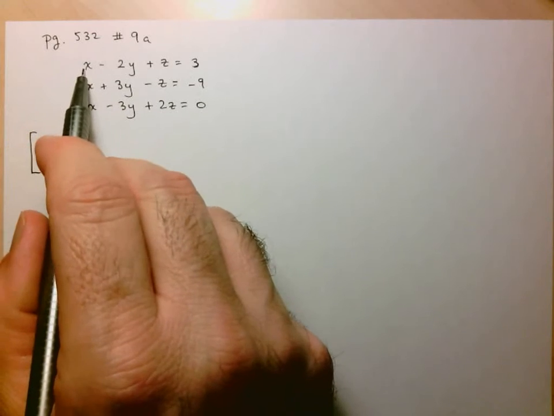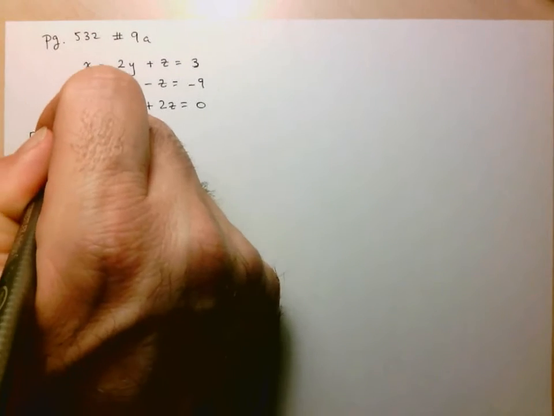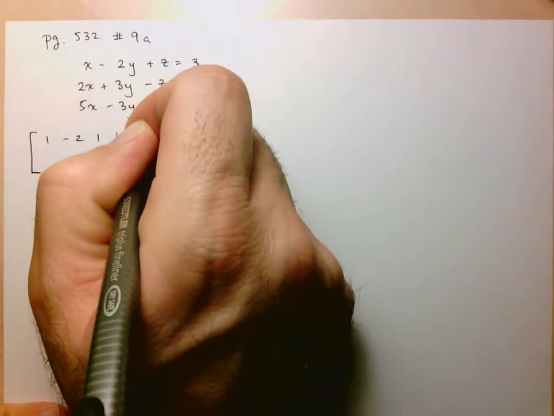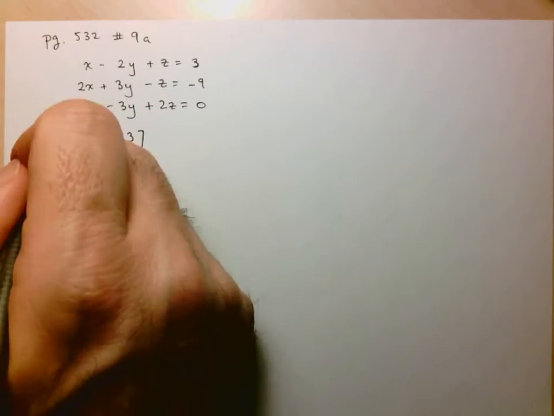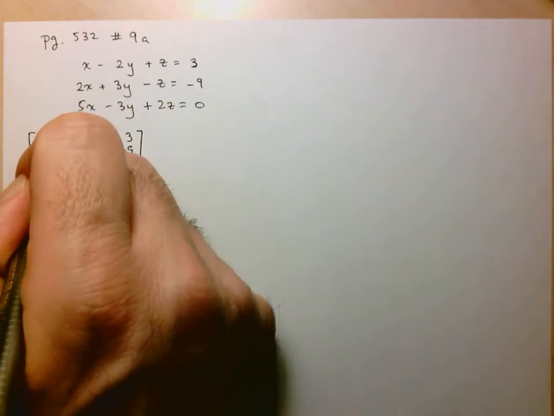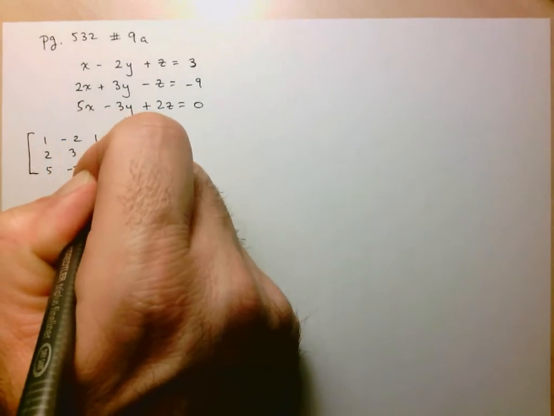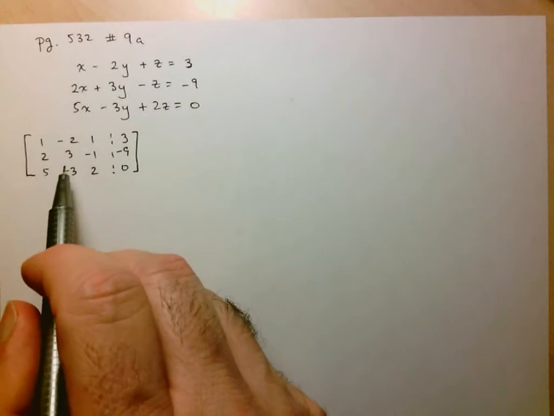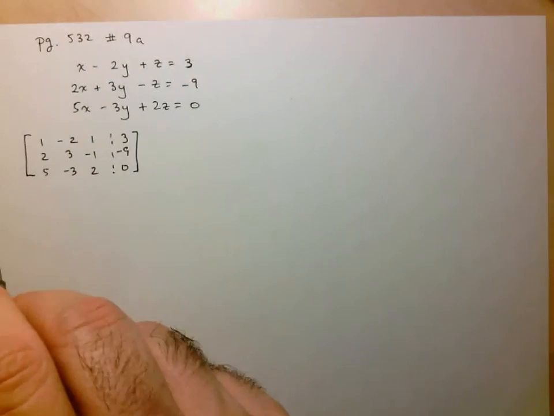Our coefficients are 1, -2, 1, with 3 on the other side of the equation. Here we have 2, 3, -1, and -9, and 5, -3, 2, and 0. So here's our matrix, which is just representing this system of equations.